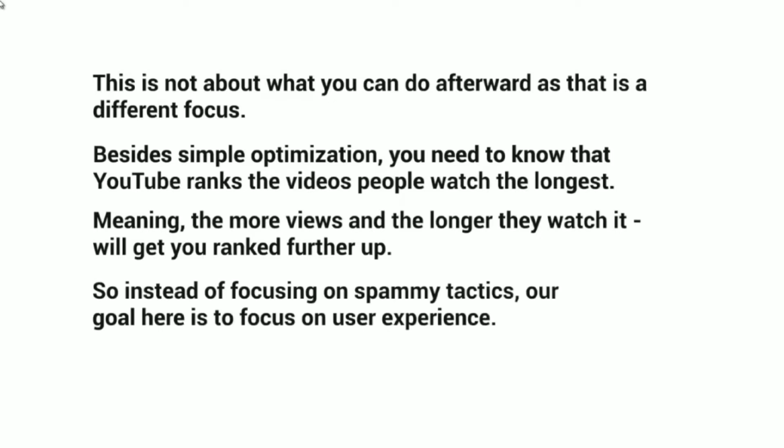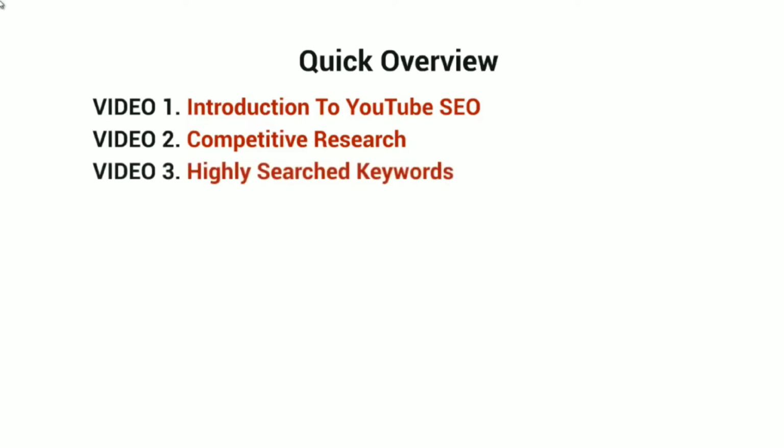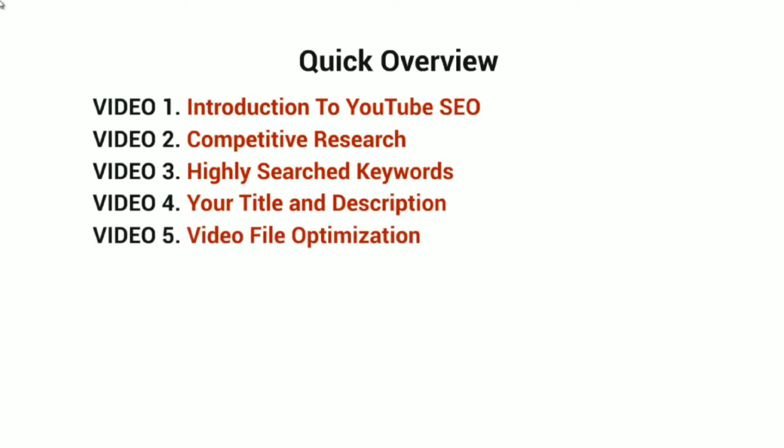Besides simple optimization, you really need to know that YouTube ranks the videos that people watch the longest. Let's say, for example, that we have a 10-minute video. YouTube looks at that video. They look at the likes, dislikes, and comments, but they also look at whether people actually watch most of this video.